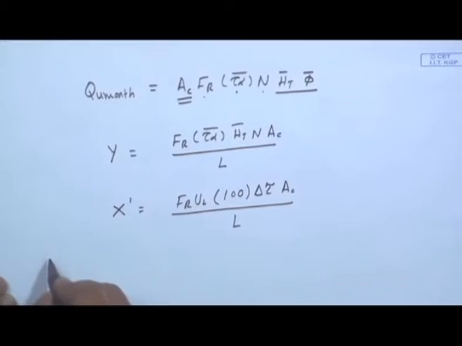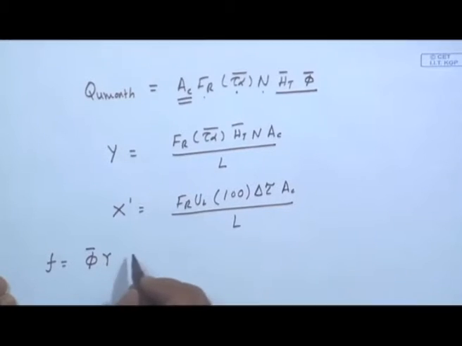So, after a number of simulations, Klein and others have correlated the monthly solar load fraction f to phi bar max and y. I will tell you why it is called max.